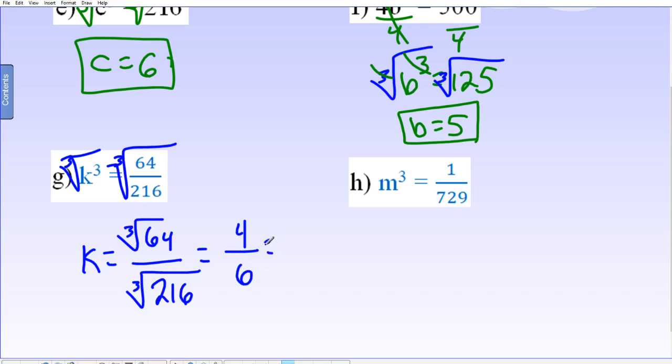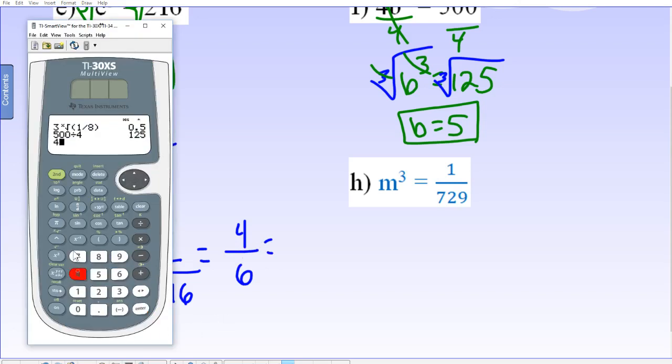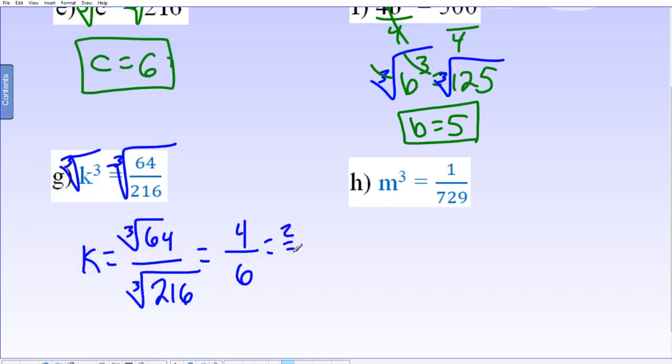The last thing we'd need to do is simplify the fraction. 4/6 does simplify to 2/3. So k equals 2/3. If you took 2/3 and cubed it, you would get 64 over 216, or at least an equivalent fraction.